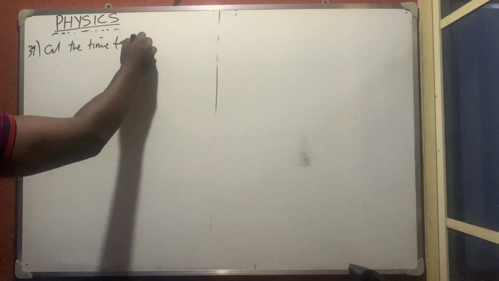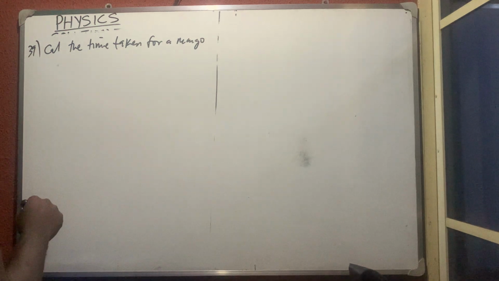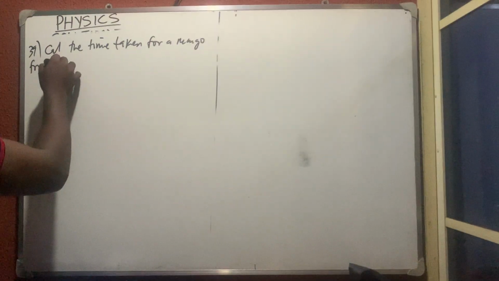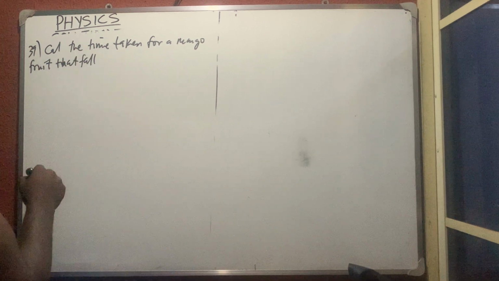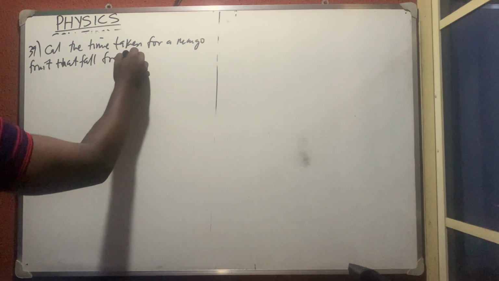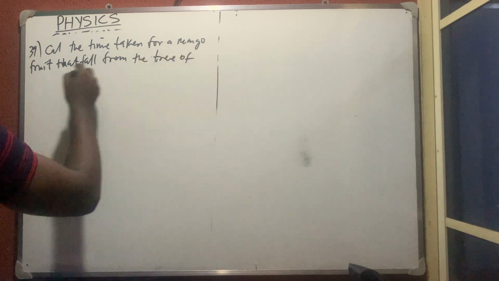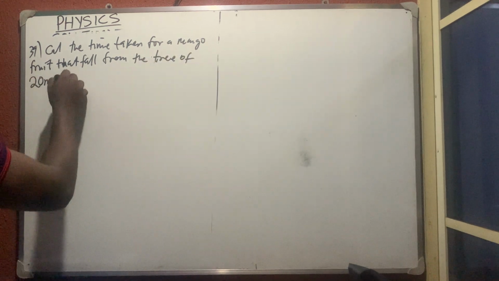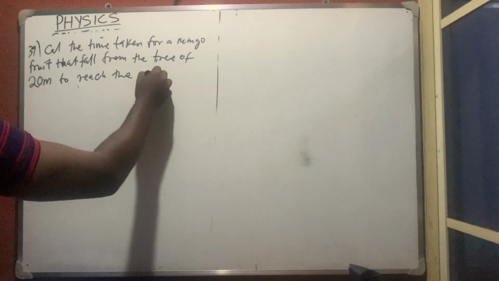Question number 39 says, calculate the time taken for a mango fruit that falls from the tree of 20 meters to reach the ground.